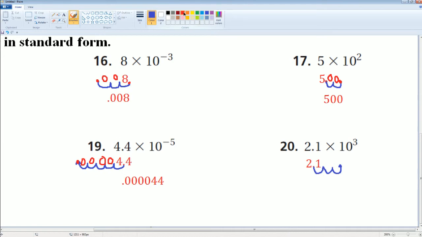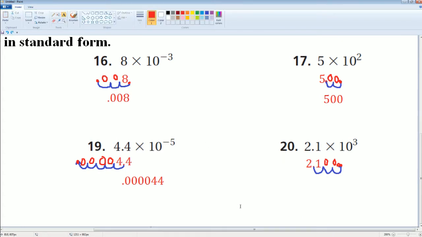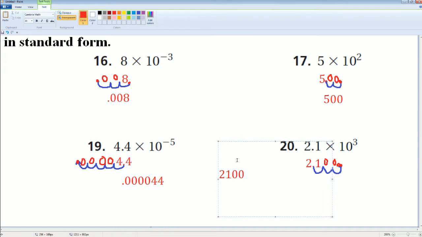Good. Then you put the dot right there. Fill it in. 0, 0. Your final answer is 21,000. Oh, sorry. That cut off. Final answer is 21,000.